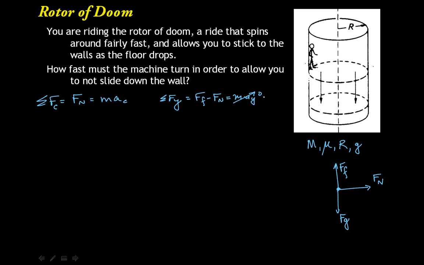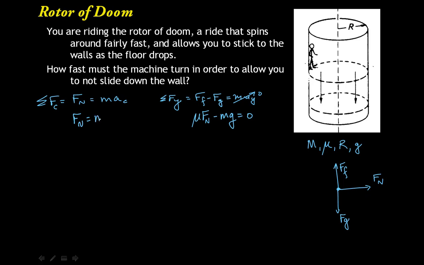So first, let's start off by substituting some of our smaller equations. So we can turn our y equation, we can say this is really the coefficient of friction times the normal force. Oops, I just realized I made a little mistake. That's not the normal force, that is g up there. Coefficient of friction times normal force minus mg equals 0. And in our centripetal equation, we can have the normal force equals, and this time I'm going to use the omega version because we're asking how fast does it have to spin, not how fast is it going on the outside.